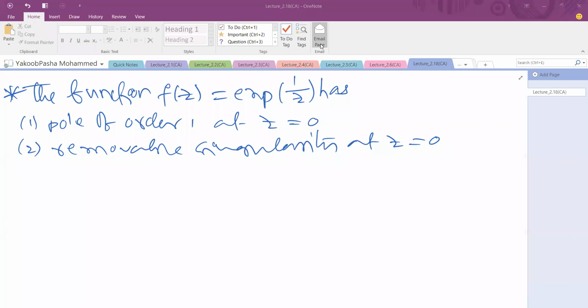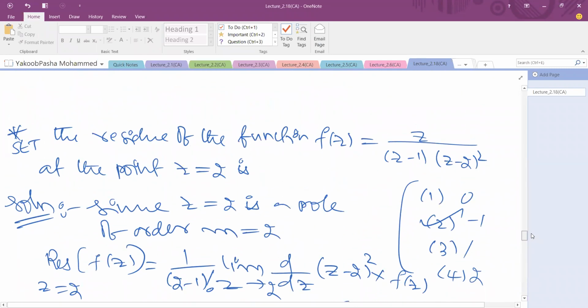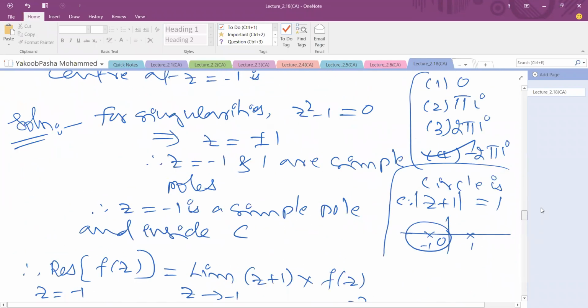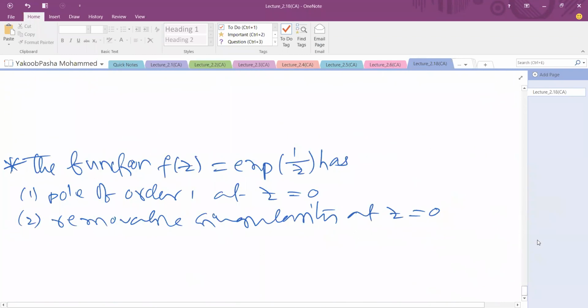Okay, this problem is essential singularity. I will go for another problem. E to the power of 1 by z. It is an essential singularity.